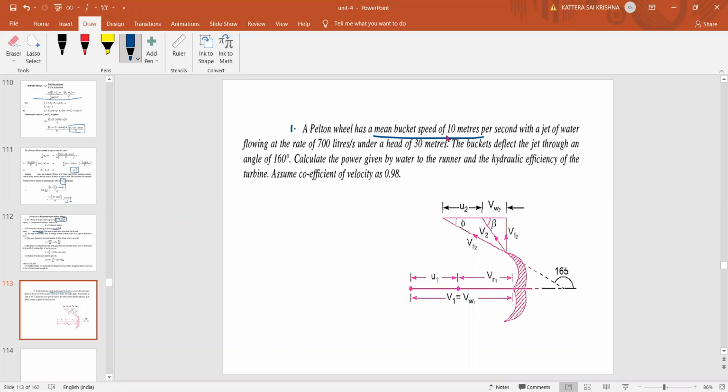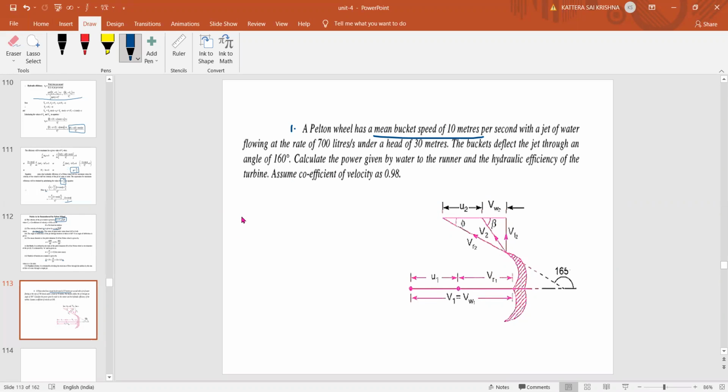The speed of the jet is V1, and the speed of the bucket is nothing but the speed of the blade, with which the drum is rotating. So he has given the value of U. This is the mean bucket speed U.